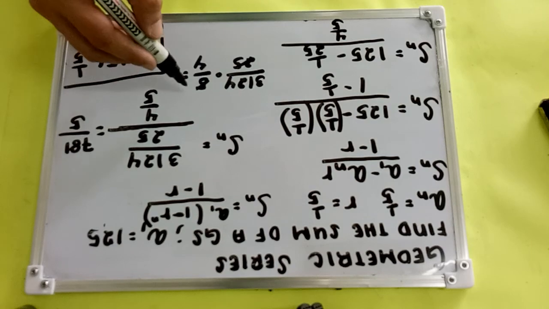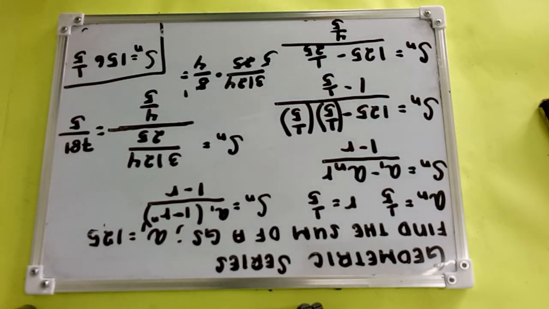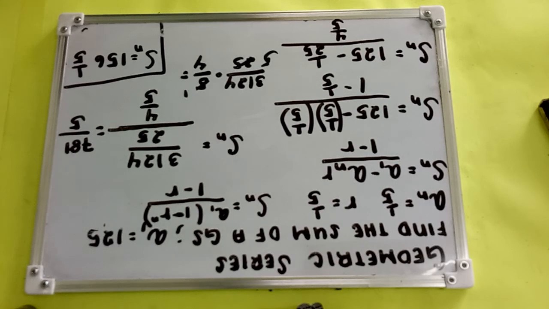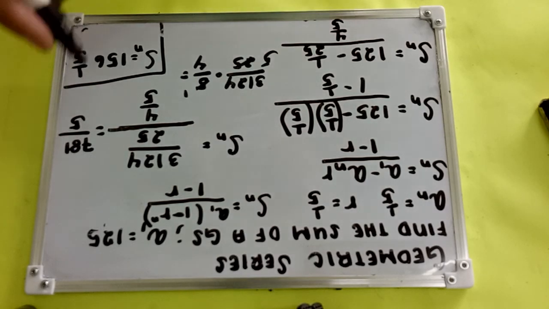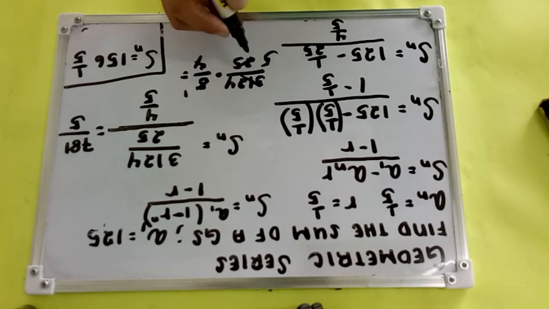Or dito pa lang pwede na. Cancel nyo to, that is 1/5. And then, we can also perform 3,124 divided by 4. So that is, makacancel to, 781.